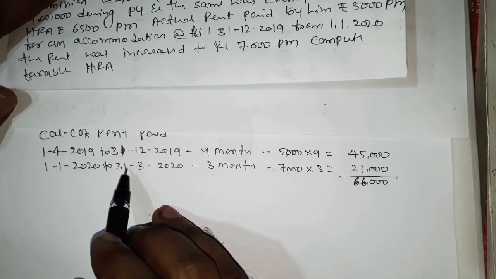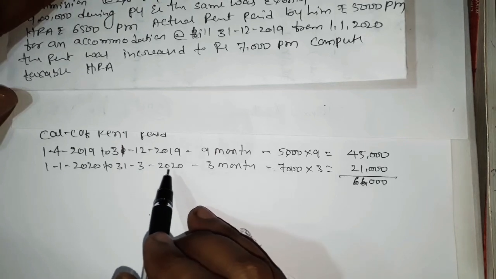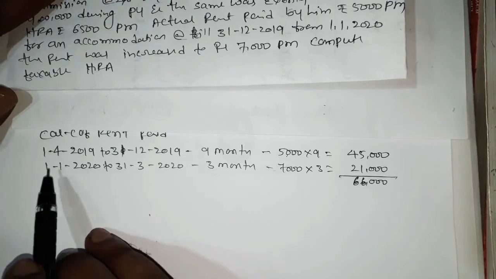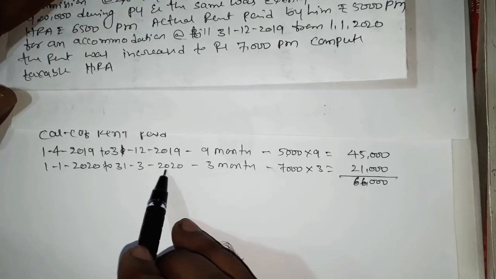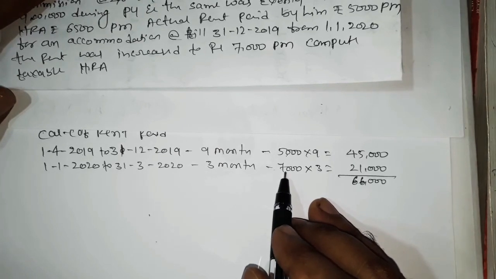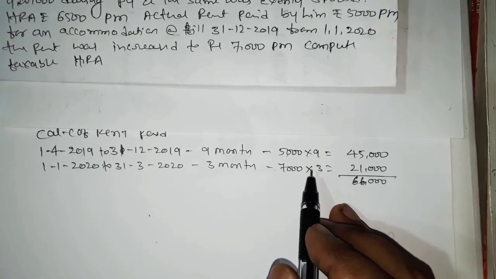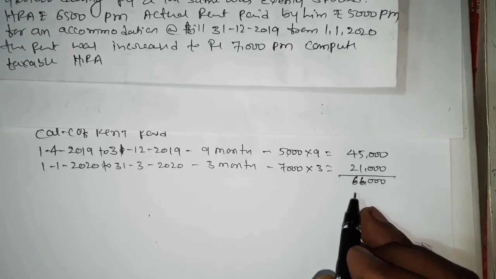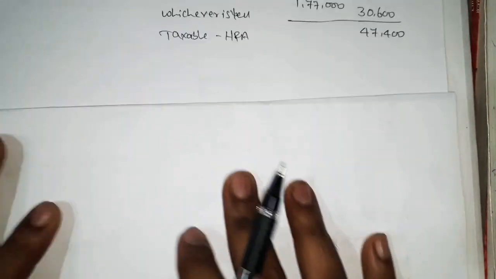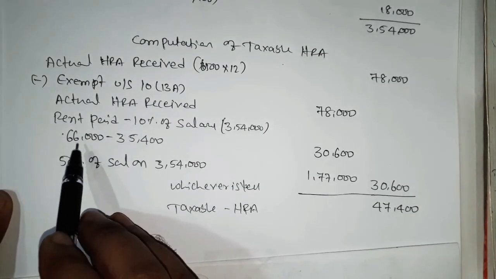For these 3 months he paid 7,000 rupees because the rent has increased. 7,000 into 3, total becomes 21,000. Adding these, you will get 66,000.